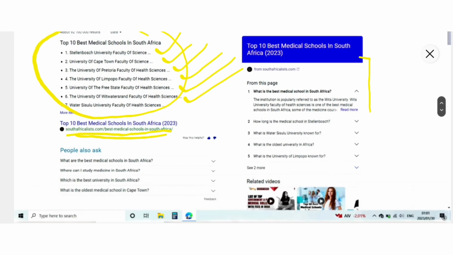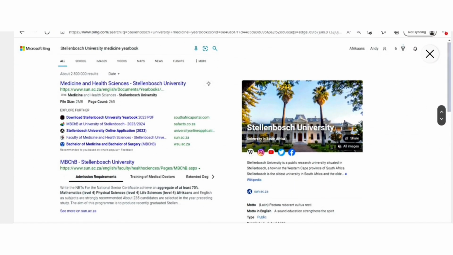So what you will do is go back to the search engine once again, and write on the search engine, what are the entry requirements at Stellenbosch, or you can write Stellenbosch University Medicine Yearbook, and then this will give you a website or a PDF document which will have requirements, and at times it will also have conditions of acceptance for people completing matric at different schools: IEB, Cambridge, NSC, and other forms of matriculation standards.